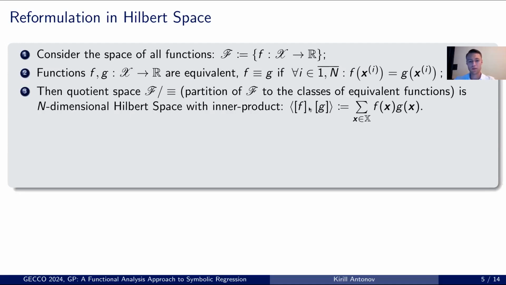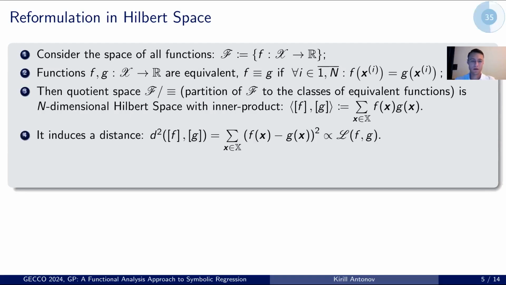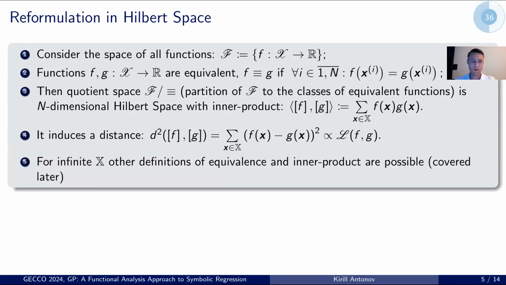We show that with this inner product and this partition, this new space is an n-dimensional Hilbert space. It induces the distance that is proportional to the defined MSE loss function. This is done for a finite size of the training data. However, other inner products and equivalence relations are possible, including those that support infinitely big training data. And this will be covered at the end of this presentation.